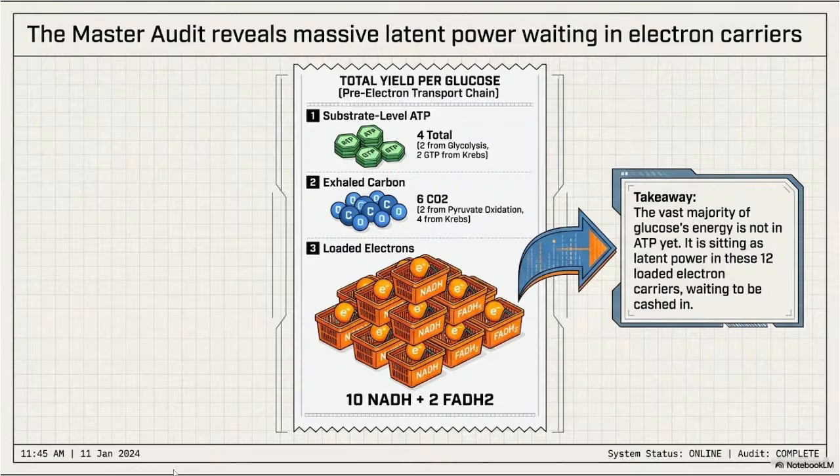So the takeaway: the vast majority of glucose energy is not in ATP yet. It is sitting as latent power in these 12 loaded electron carriers. Okay, anyway, don't let me bother you about that, because we are trying to solve the problem of students not memorizing, because even if you memorize, you might end up not remembering it any day or any time you might need it.